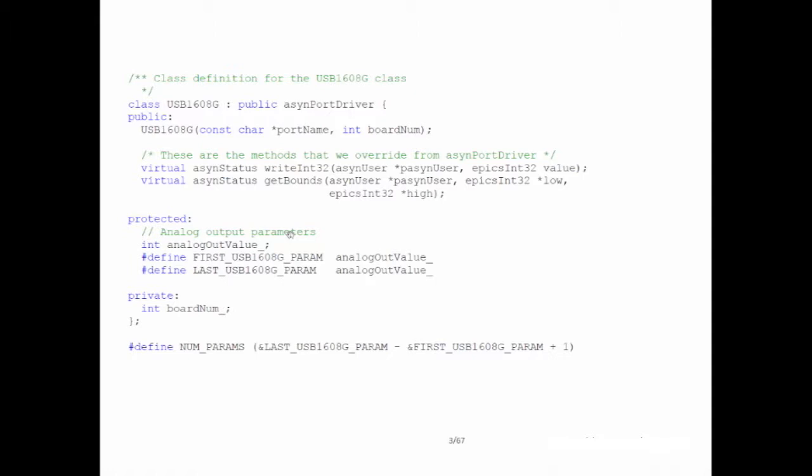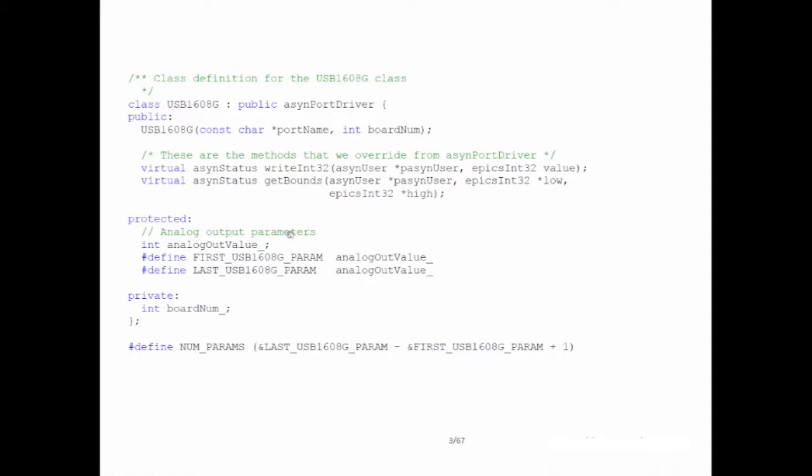Protected data means that it can be accessed by derived classes of this, but not by anybody else. And then we're going to have some private data, which is the board number. This is an argument into the constructor, but we need to keep a copy of it, so we're going to put that into some private data. And then we're going to define the number of parameters to be the last.